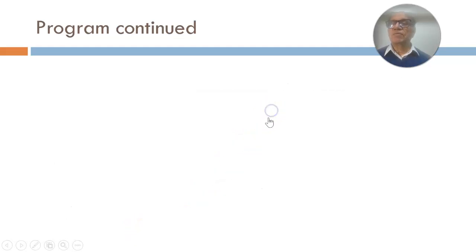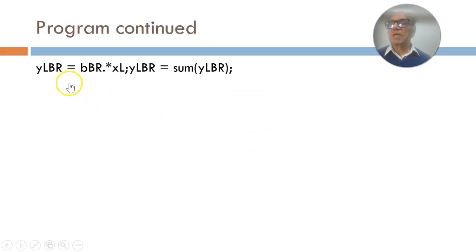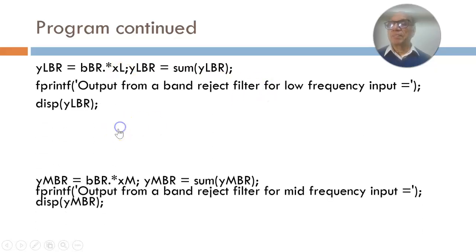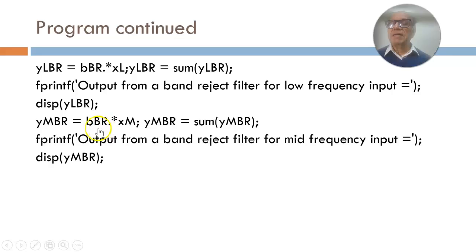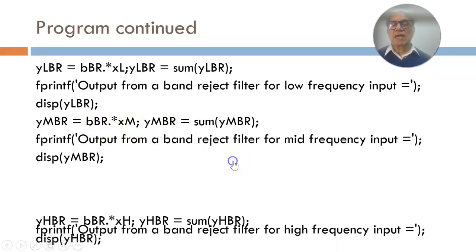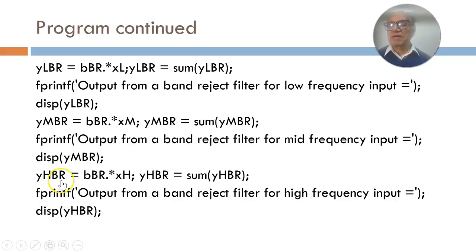And the same thing you do for the band reject filter. Band reject filter coefficients multiplied by low frequencies, print the output. Then by medium frequencies, print the output. And finally by the high frequency signal, and print the output.